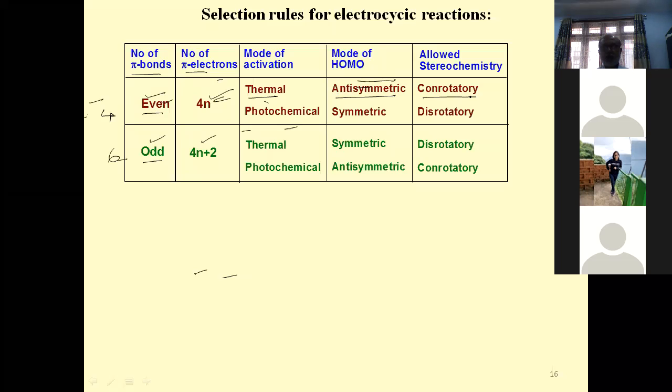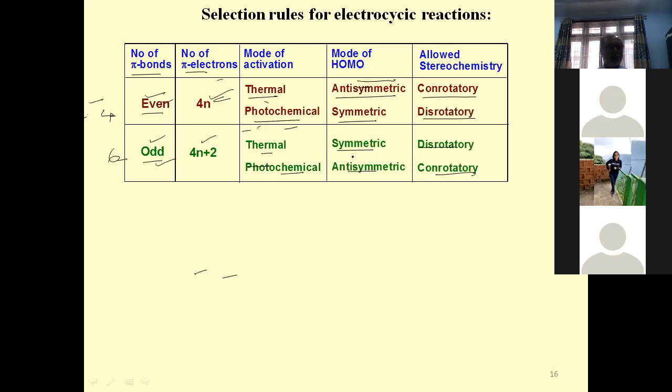We have seen why it is conrotation. And if it is photochemical, the HOMO is symmetric, and it becomes this rotation. And when we go to odd number, they just change. Thermal, symmetric, this rotation; photochemical, anti-symmetric, conrotation.